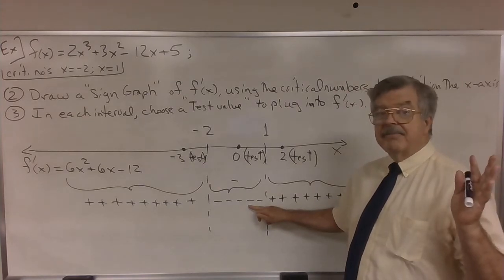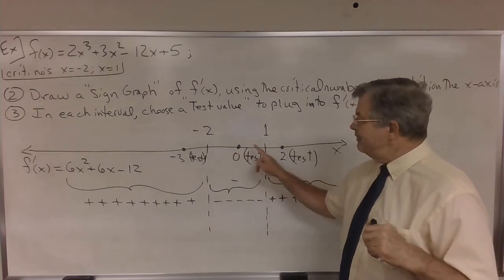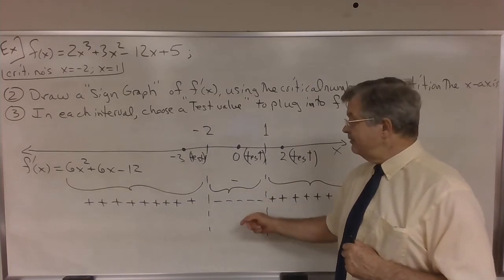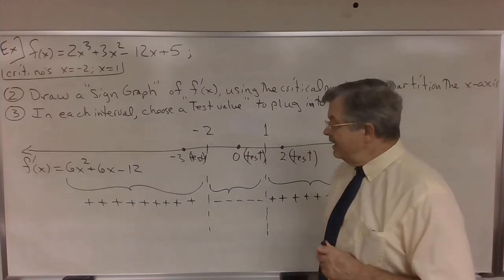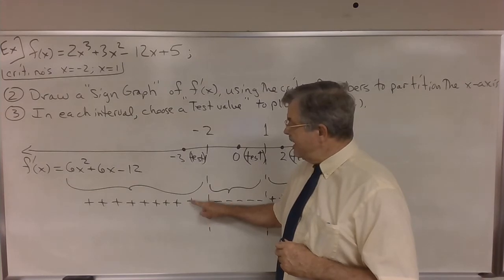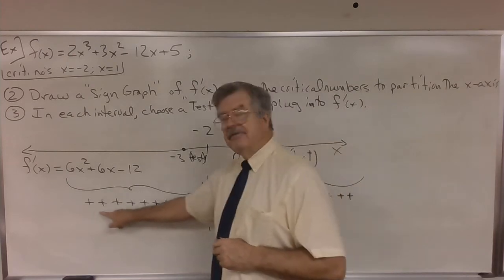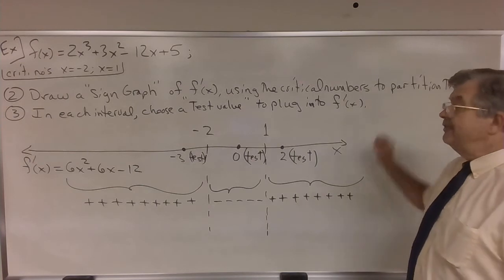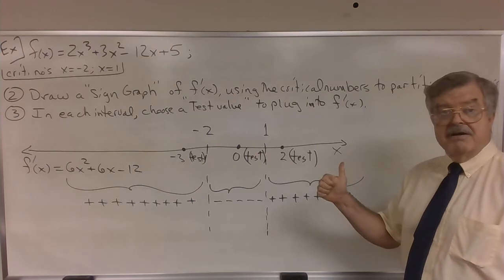And I was right. The derivative can't change sign in this interval because between negative 2 and positive 1, there are no critical numbers. So there's no place where the derivative can change sign in this interval. And similarly, I was right in concluding that because the derivative is positive when x equals negative 3, the derivative has to be positive throughout this entire interval. So, steps 2 and 3, done.